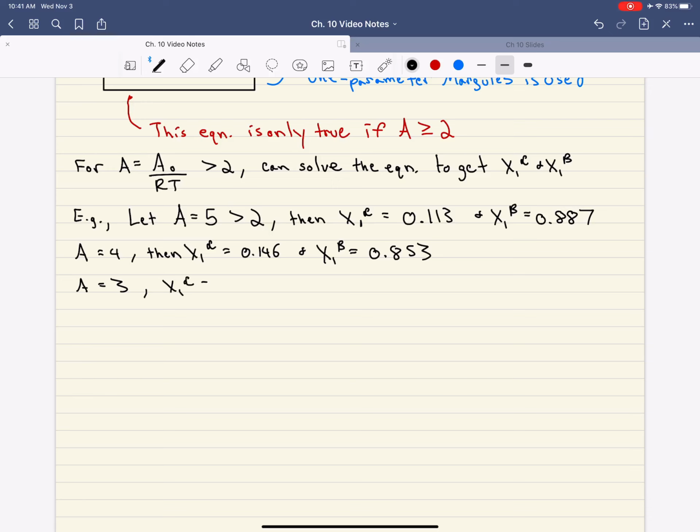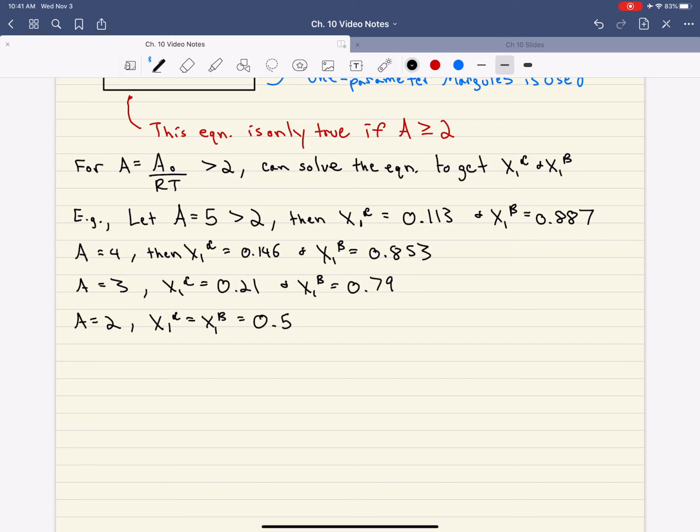x1 alpha here is 0.21, and x1 beta is 0.79. And if you go all the way down to a value of 2, what you see is that you'll only get one root. So x1 alpha is going to be equal to x1 beta, and it's just going to be equal to 0.5.